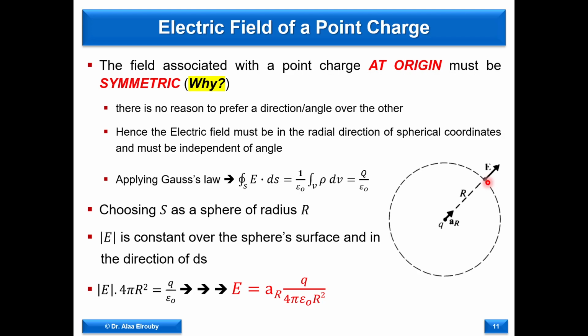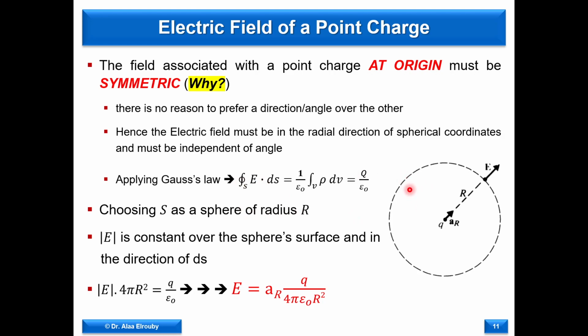Now we are going to call Gauss's law. Gauss's law states that the integral of E dot ds over any closed surface equals the total charge enclosed by this surface divided by epsilon naught. And now, because of symmetry, I need to choose the closed surface to benefit from this symmetry.